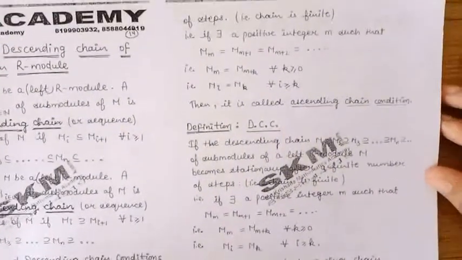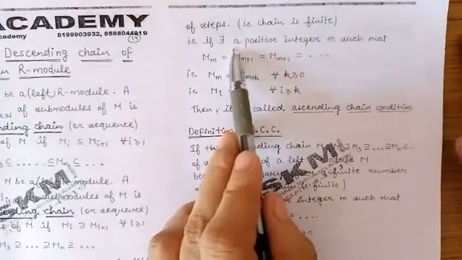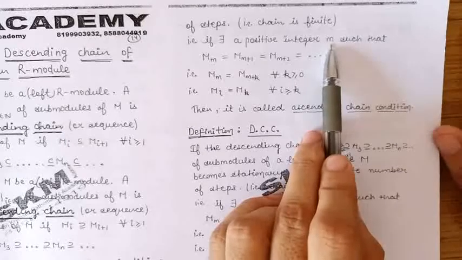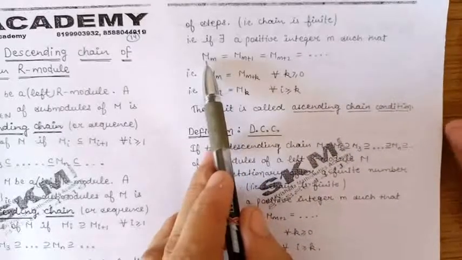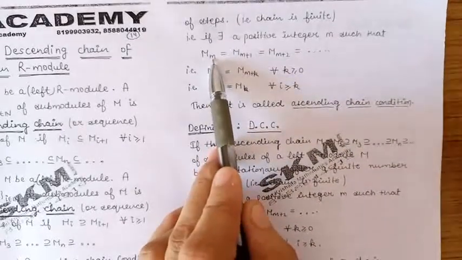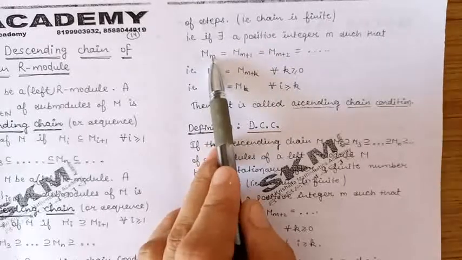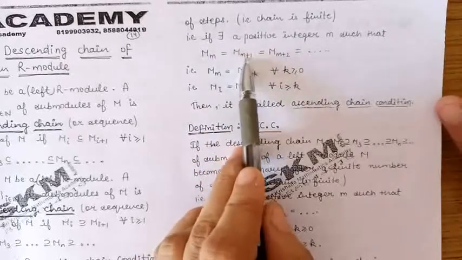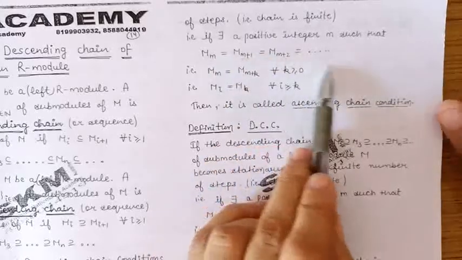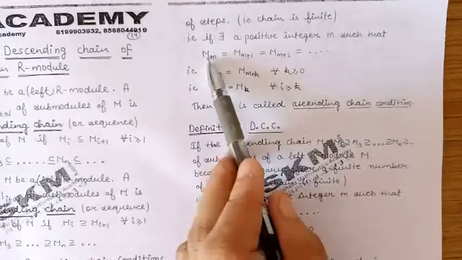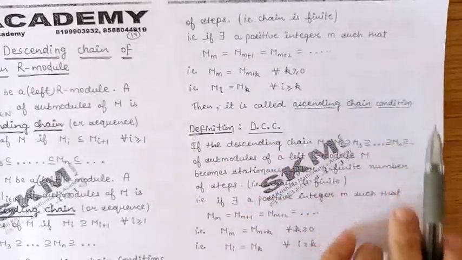Mathematically, we can say that there exists a positive integer k such that the modules from Mk onwards, the module will be Mk, the next module is Mk plus 1, and so on. All the modules starting from Mk will be the same.